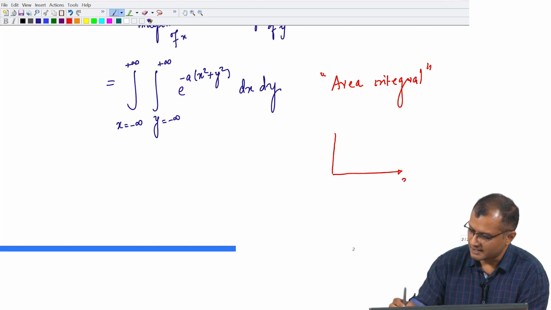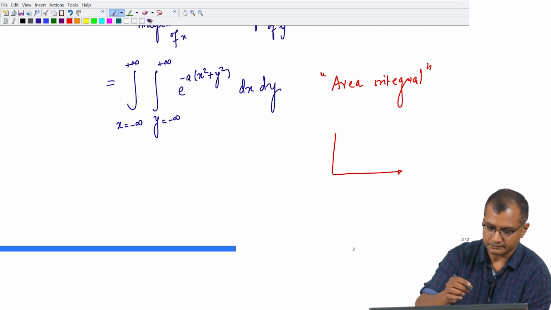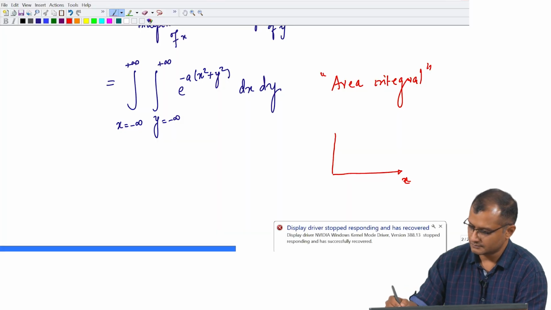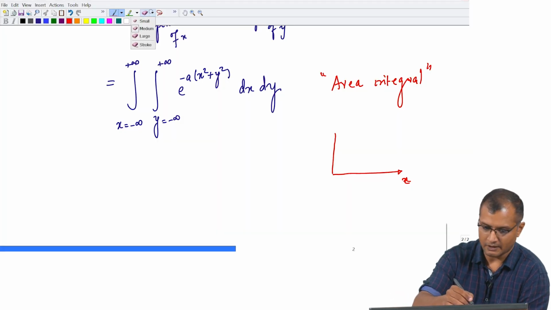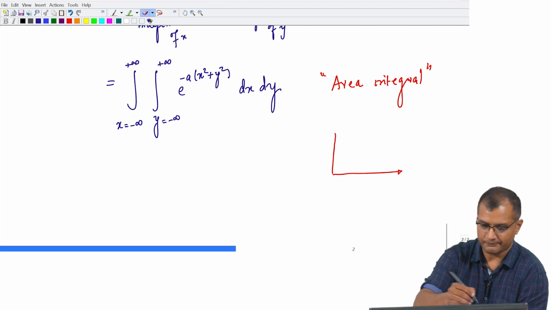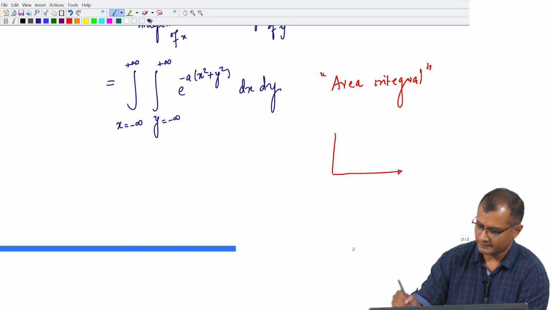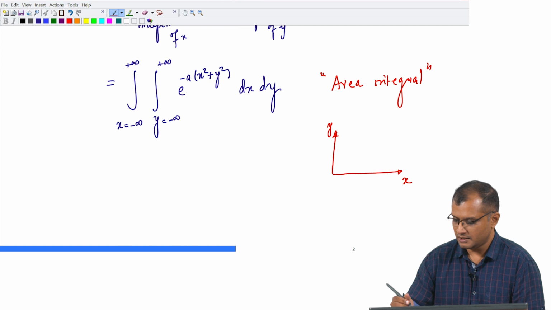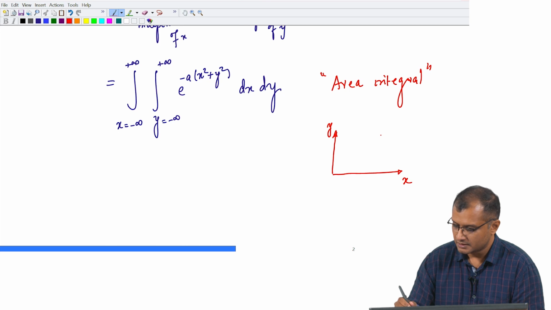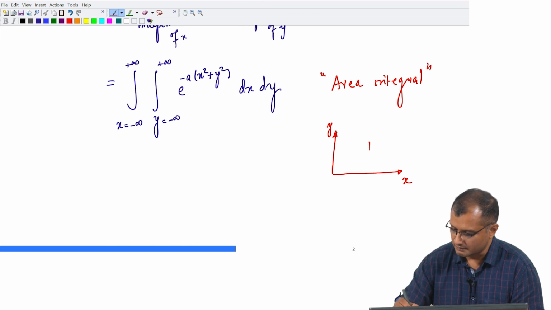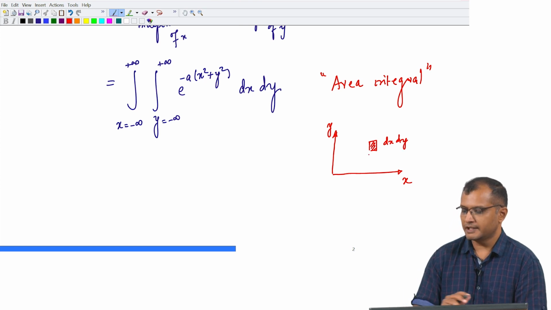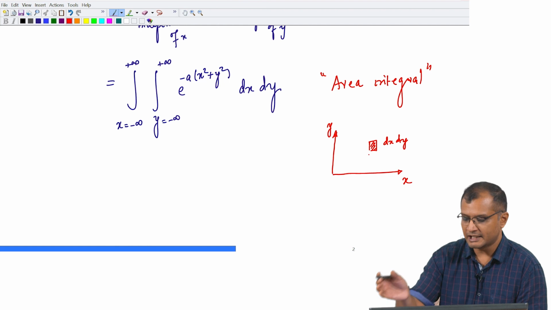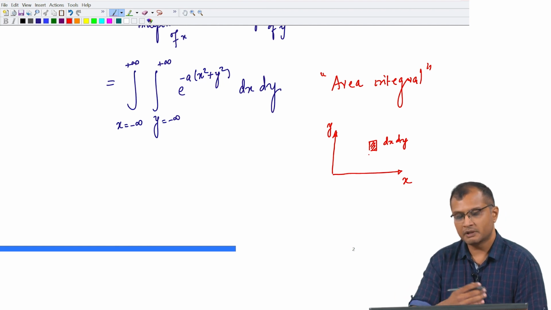If I take this as my x axis, and that as my y axis, then any small area element that I consider here would be just dx dy, and I can simply integrate over the entire space. That would be my total area.